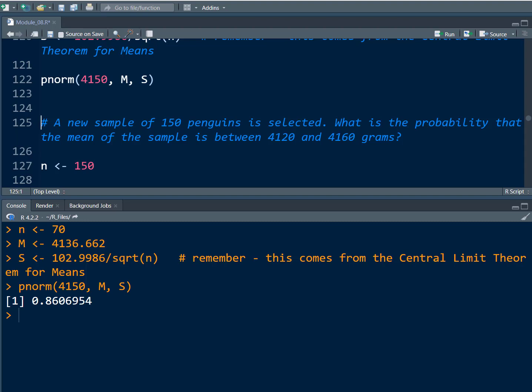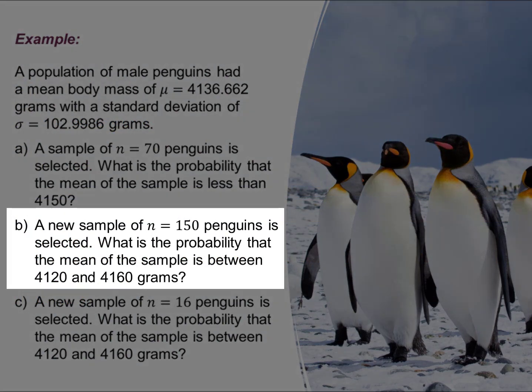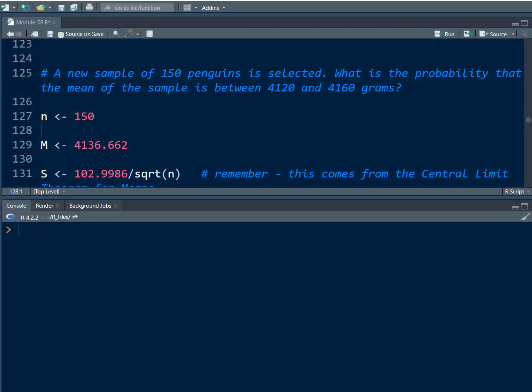Remember here that the standard deviation we plugged into the p-norm function was the population standard deviation divided by the square root of n. Suppose that a new sample of n equals 150 penguins is selected. What is the probability that the mean of the sample is between 4,120 and 4,160 grams? We know that the central limit theorem works here because n is greater than 30.